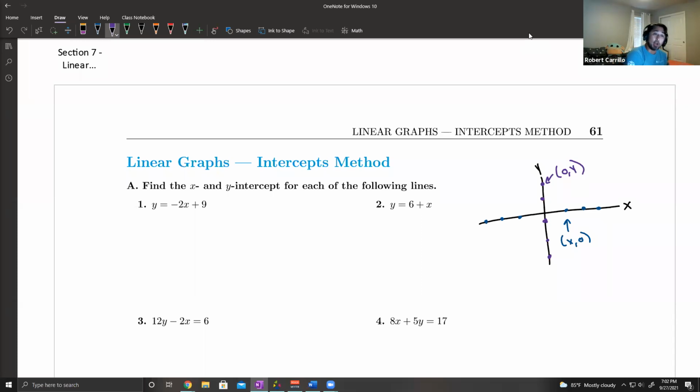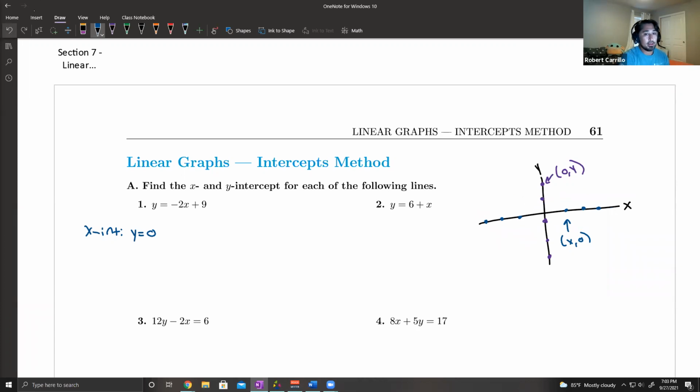And now when you're solving for X and Y-intercepts, we'll use number 1 as an example. It says find the X and Y-intercepts of the following lines. So for number 1, if we want to find the X-intercept first, the first thing we're going to do is let Y equal 0. And the reason for this is because if you're finding an X-intercept, the value of Y is always 0.